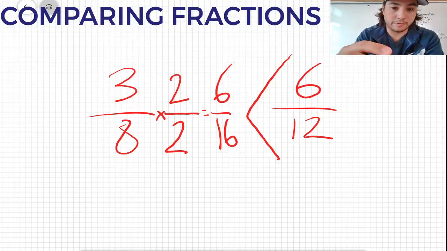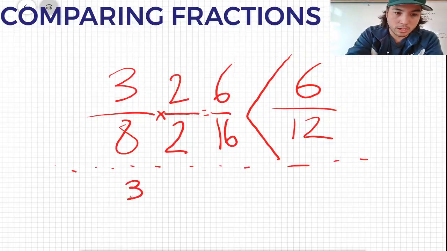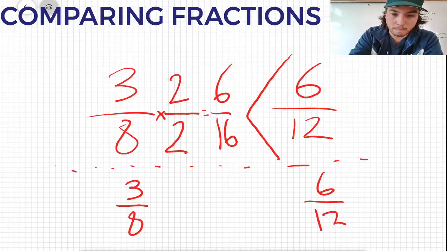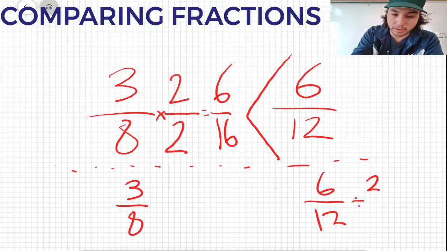If we were doing it the division way, it would look something like this. 3/8 or 6/12. And we're going to divide, whoops, I'm going to put it on the other side. 6 divided by 2 to give us our 3 in the numerator so we can compare them.